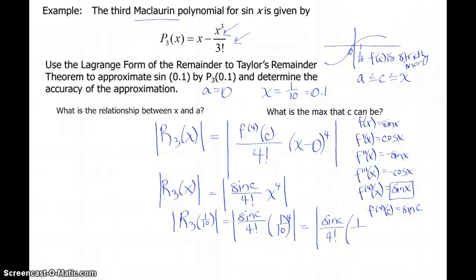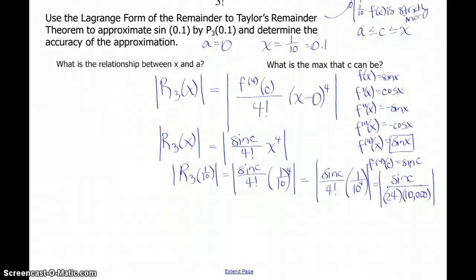This is 1 over 10 to the 4th. So if I don't have a calculator, that's going to be much easier to deal with. As a matter of fact, let's clean it up one more time. I have the sine of c over 24 times 1 with, let's see, 10 times 10 times 10 times 10, that's 4 zeros, right? So there we go. So the sine of c over 24,000.